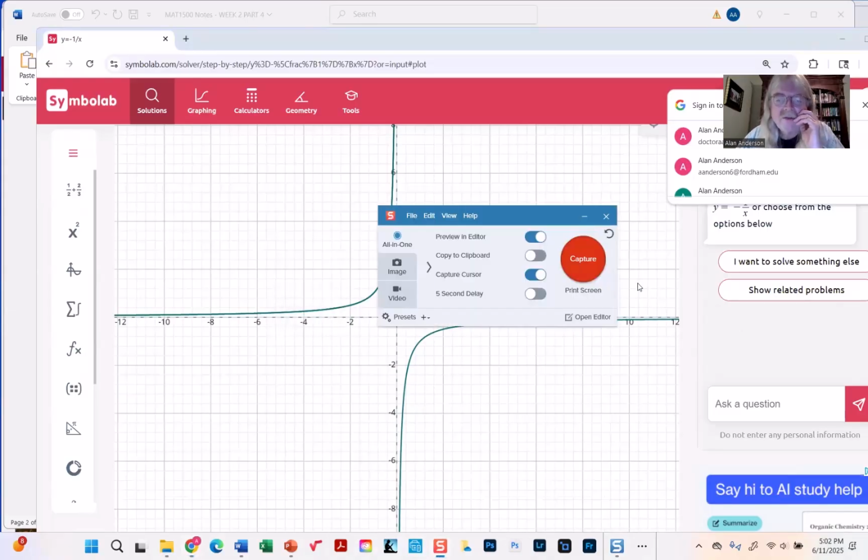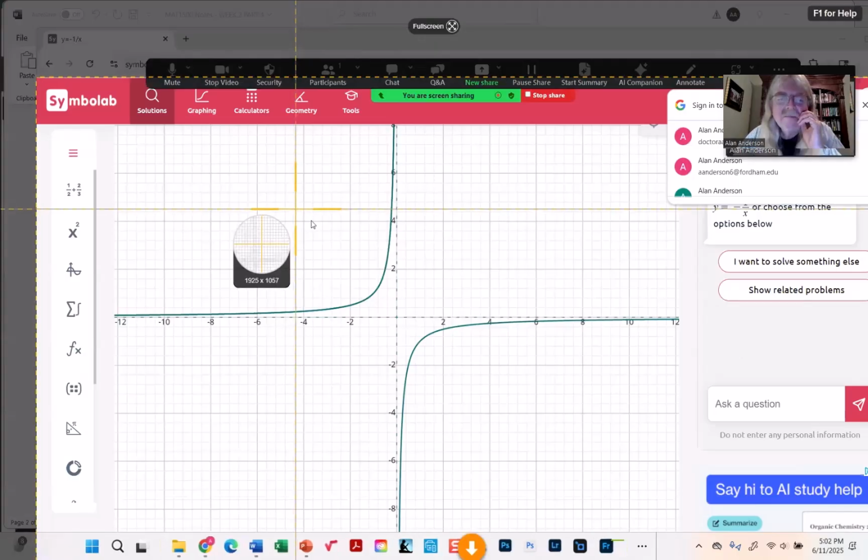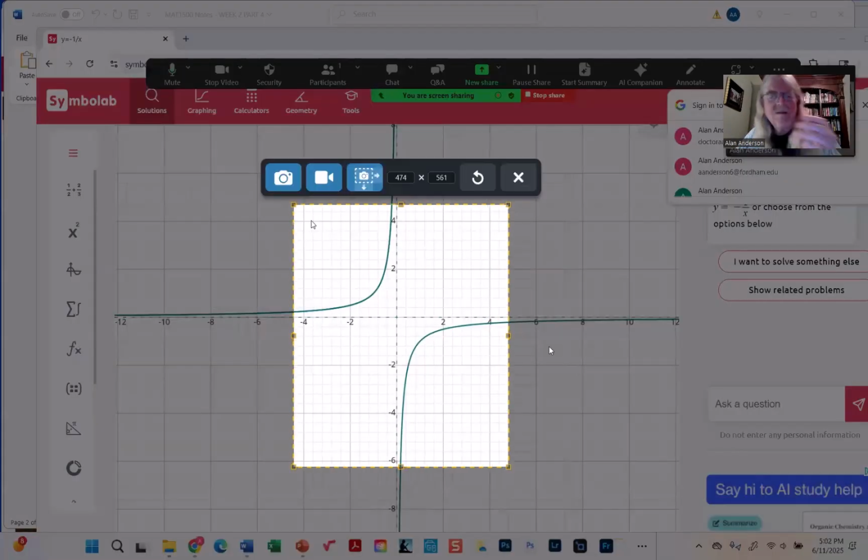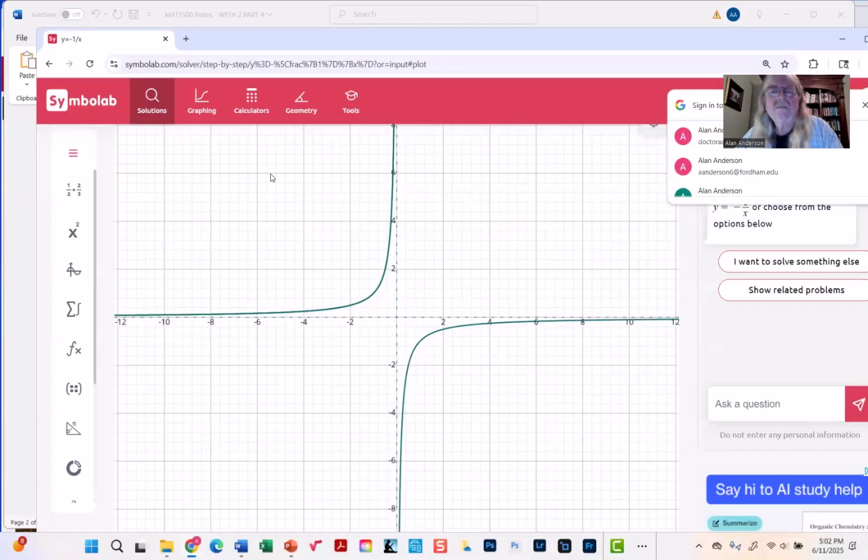So let's grab a picture if Snagit will allow it. So you can look at them side by side.